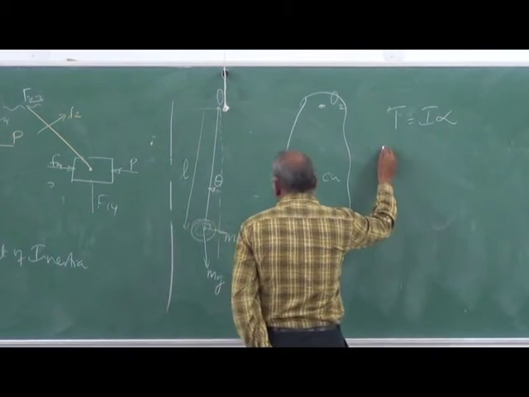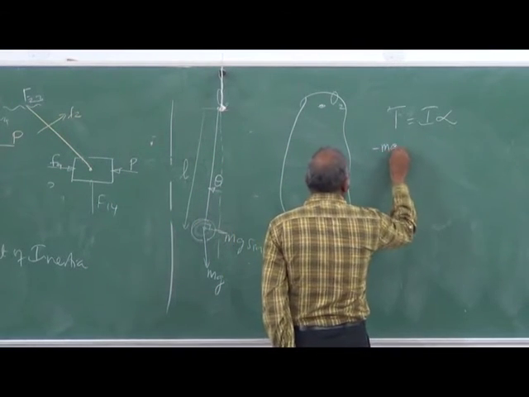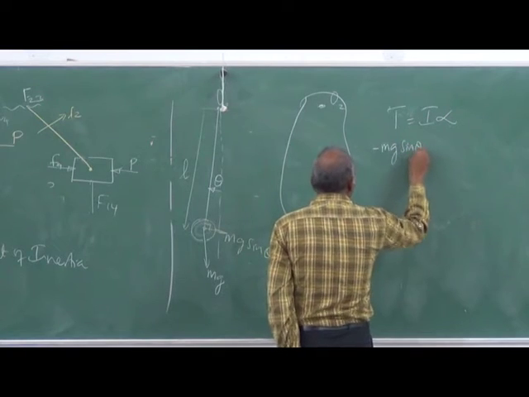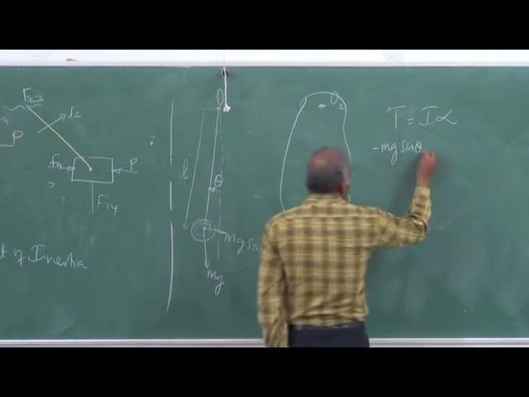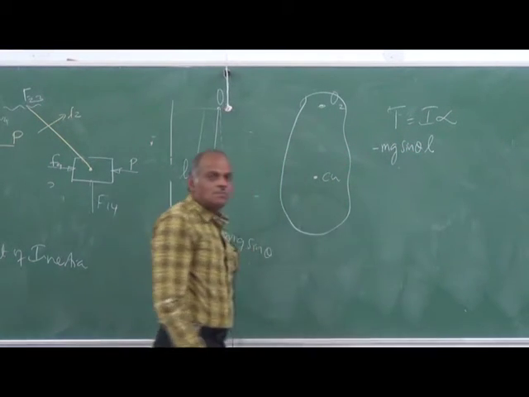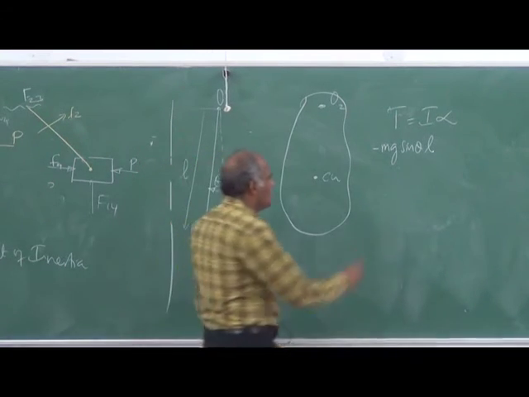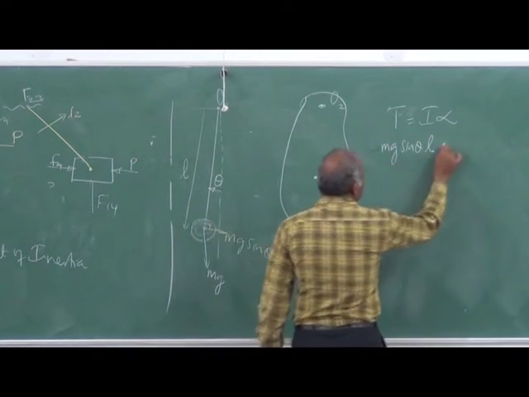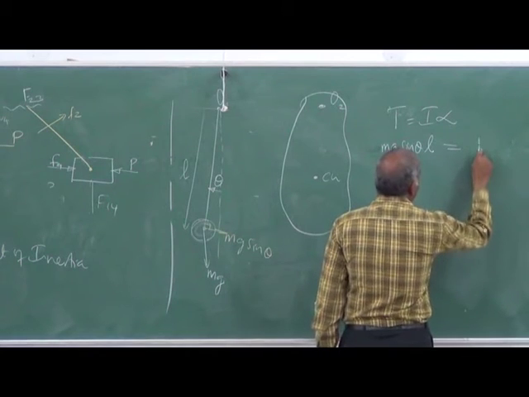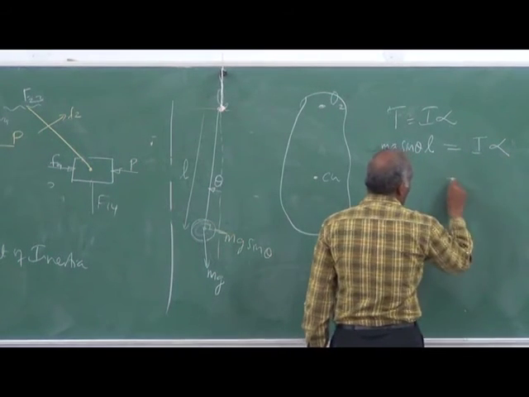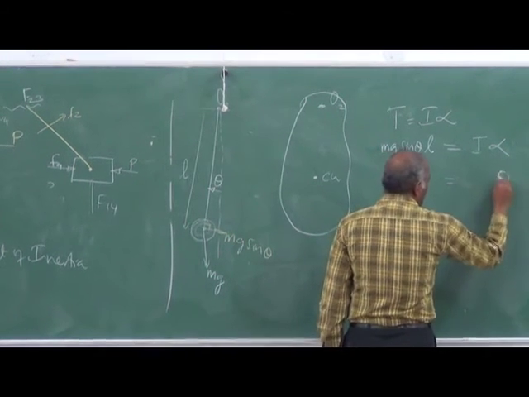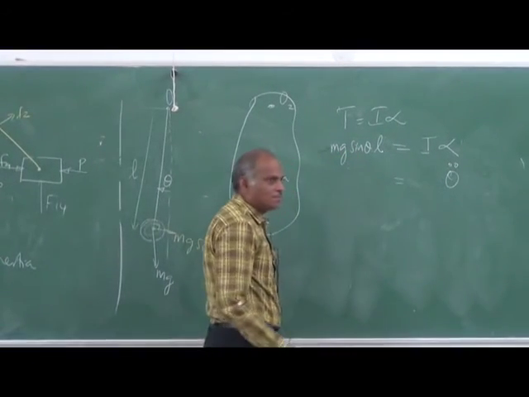T is equal to mg sine theta, that is the force component, and L is the moment arm. So that will give you the torque. That is equal to I times alpha. So alpha, I can write as theta double dot.